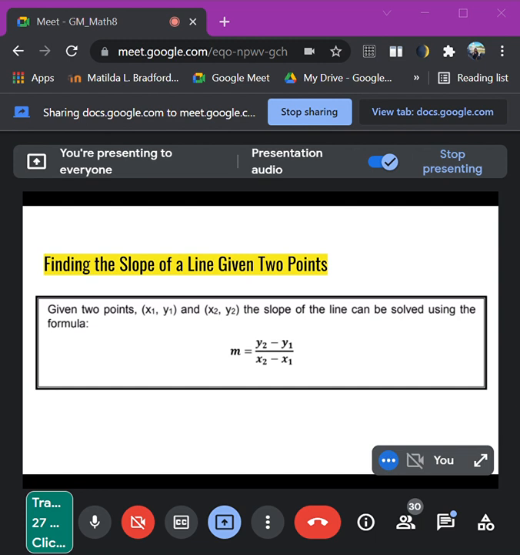Okay? So, dapat i-identify gyud nimo siya. You can use the first given ordered pair as your x sub 1 and y sub 1, and then the second given ordered pair as your x sub 2 and y sub 2. Okay?